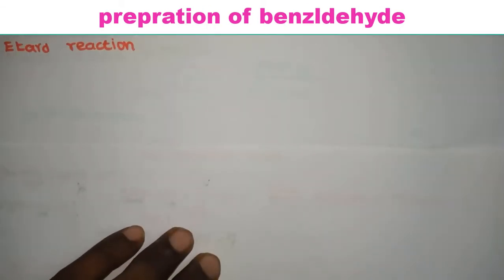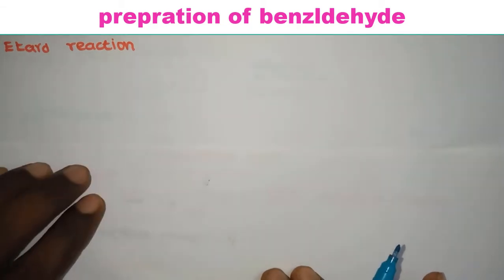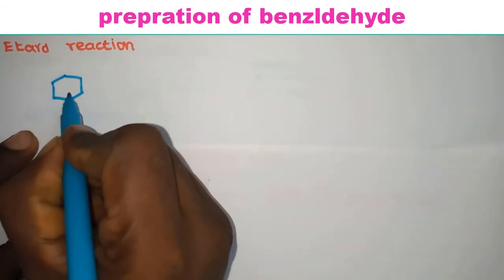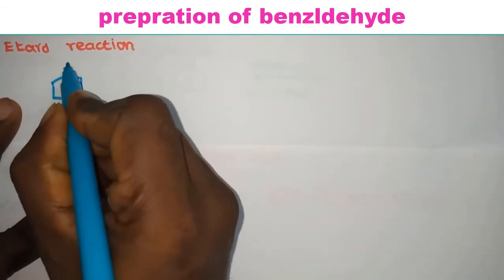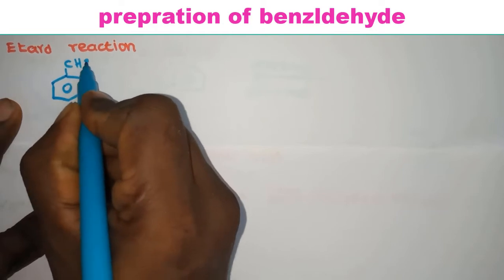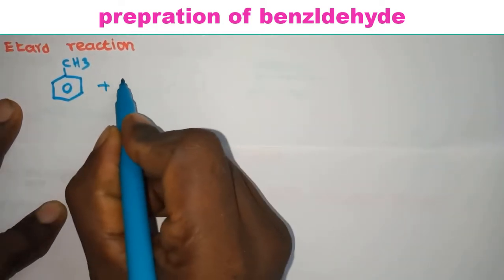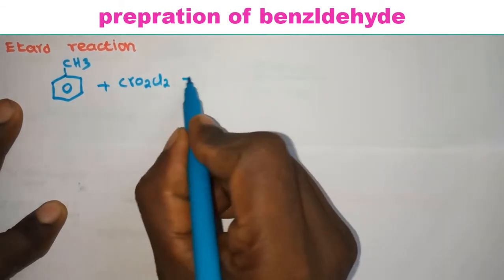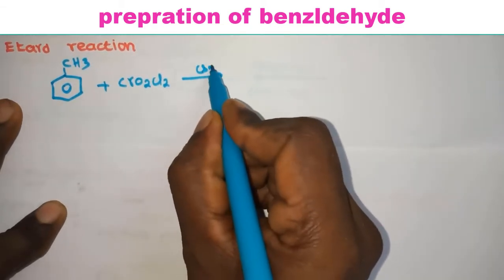Next is the preparation of benzaldehyde, one example of an aromatic aldehyde. First reaction, Etard reaction. This is toluene. Toluene reacts with chromyl chloride, CrO2Cl2, in the presence of carbon disulfide.